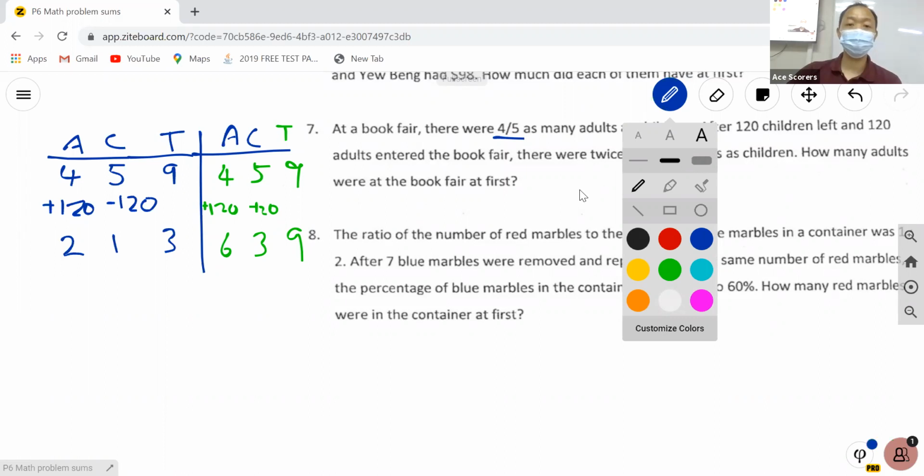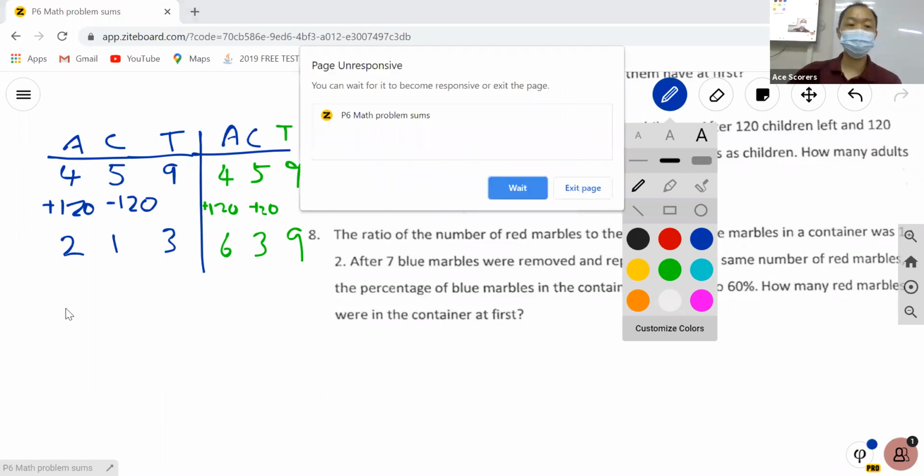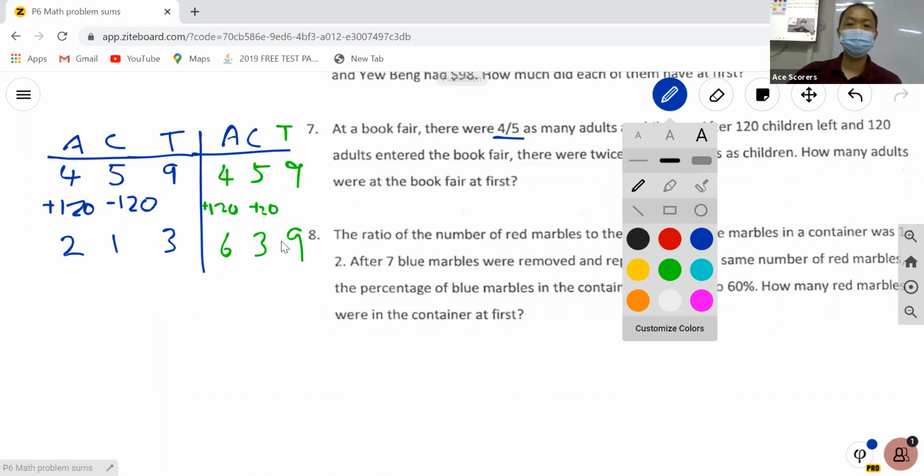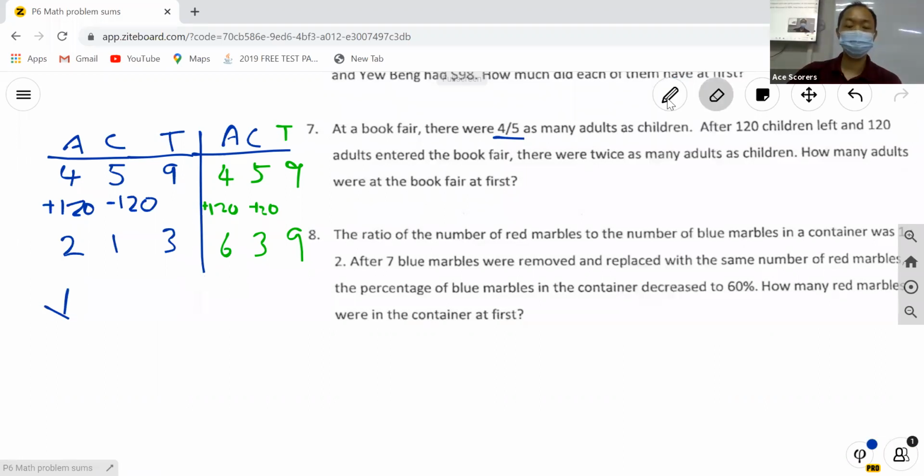So you can then conclude that 2 units, what is it equal to? 120. So 2 units equals 120 people. So how many adults were at the book fair first? Adults at the book fair, there were 4 units. So 4 units would be 240.